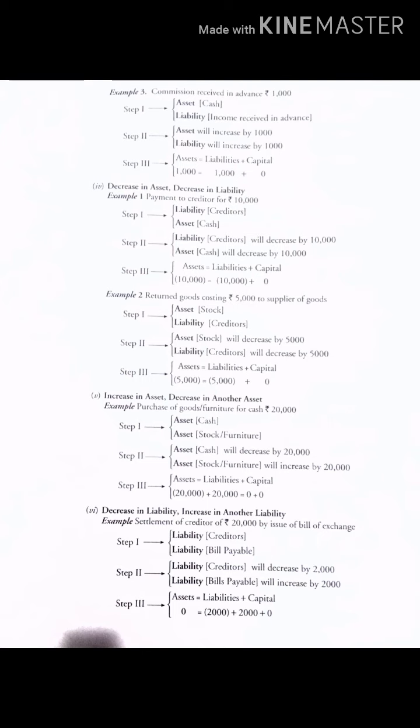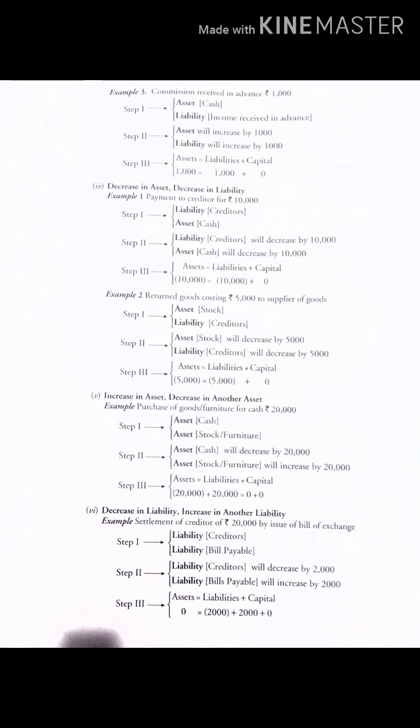Now second step, ascertaining whether it is increasing or decreasing. When I am giving it to the creditors, they are settled, that means they are relaxed. Now my creditor is reduced. But what have I given? Bills payable, a legal document promising. So my bills payable has increased.